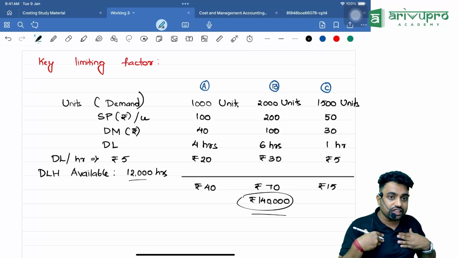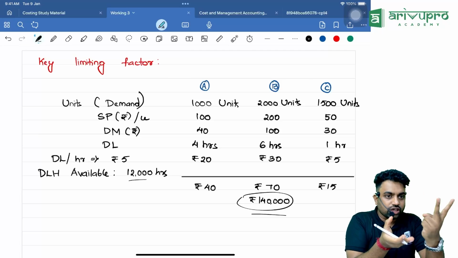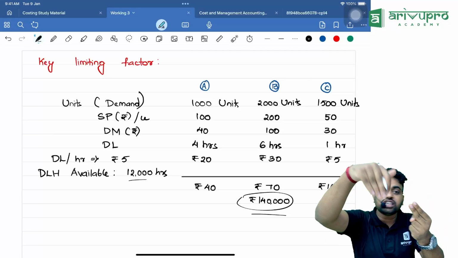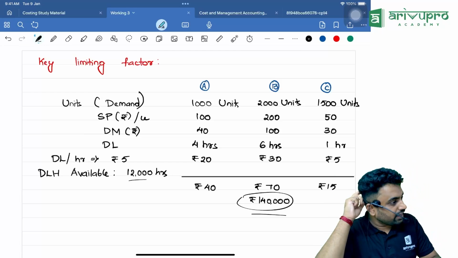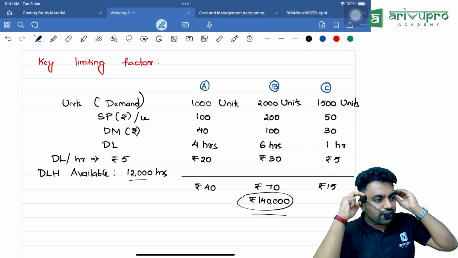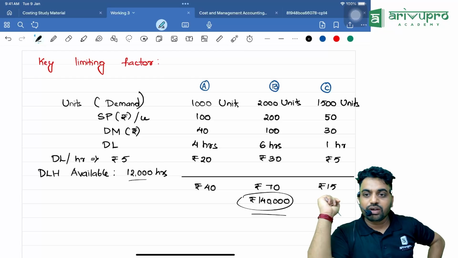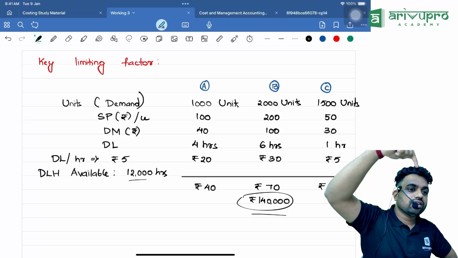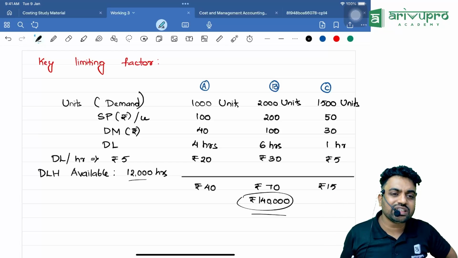If I had 14,000 hours of labor, then in the remaining 2,000 labor hours I would have produced A, because that is giving me more compared to C. Because B demand is 2,000 units, no?